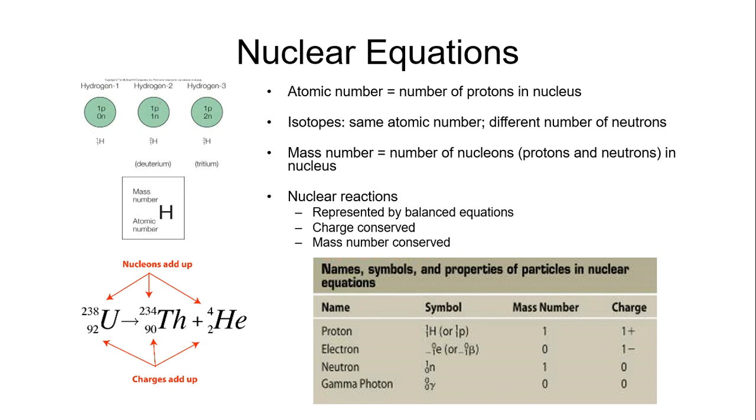We have neutrons, which is about the same as a proton, so has a mass number of 1, but a charge of 0. And then gamma rays has no mass, has no charge, so both of those are 0. So those are some common symbols you'll see. So when we deal with nuclear reactions, we have to conserve charge and we have to conserve the mass number.